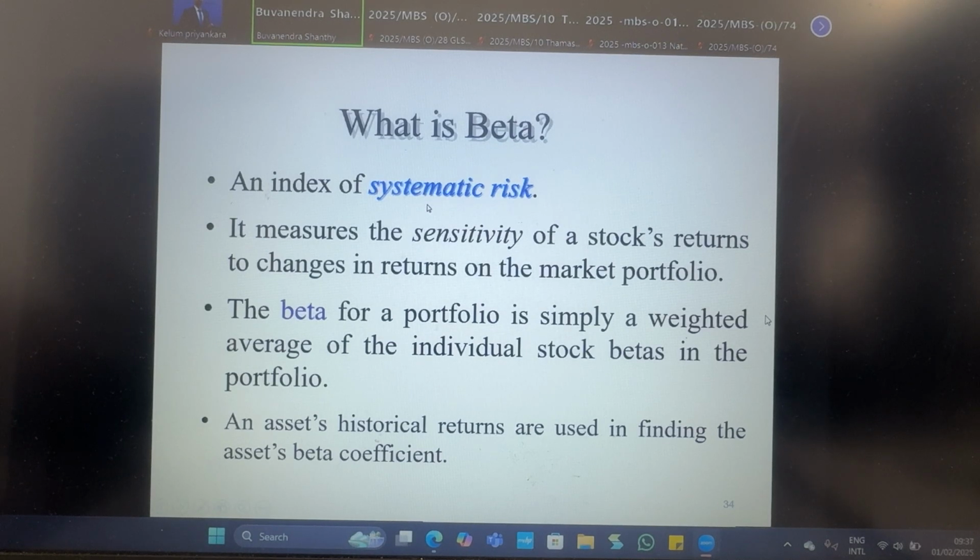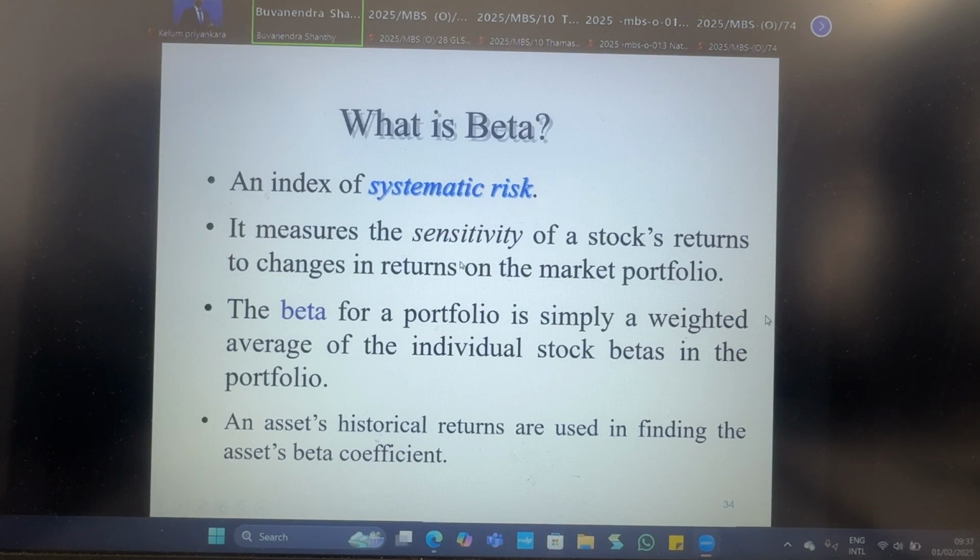That is a calculated index. So how is that index calculated? It is the measurement of the sensitivity of individual stock returns to changes in the market portfolio returns. So when the overall market return changes, say the stock market return changes, how does your company's return change? To measure the sensitivity of changes we normally use the word delta.